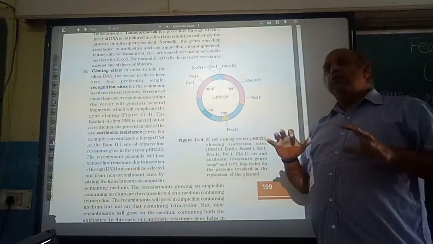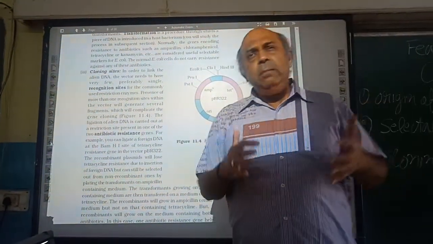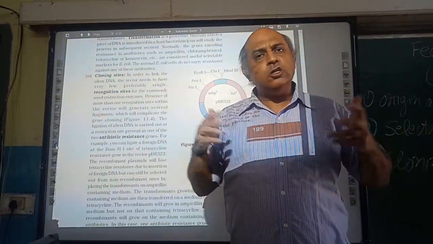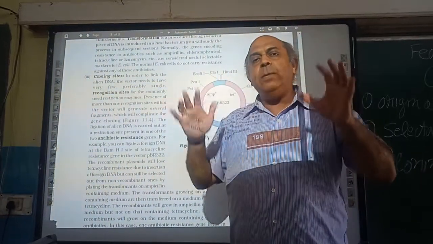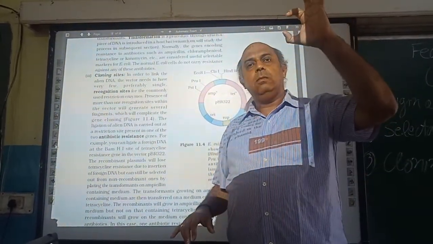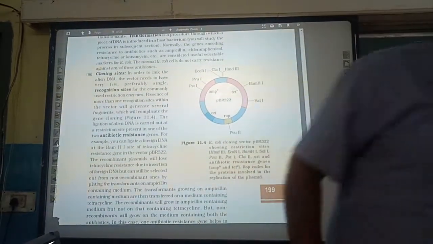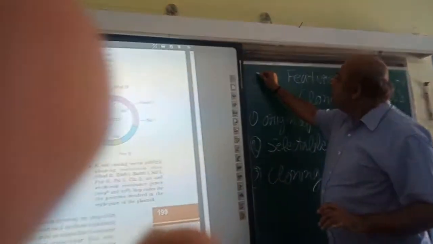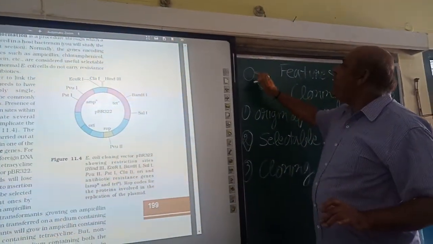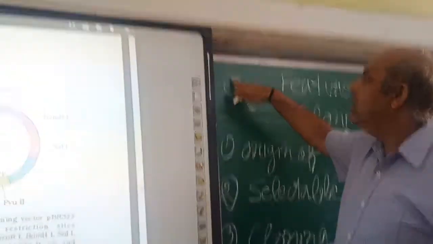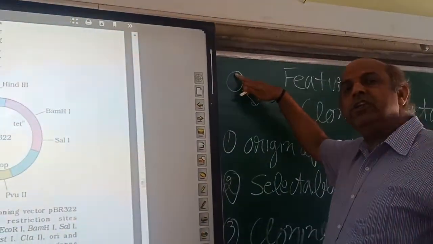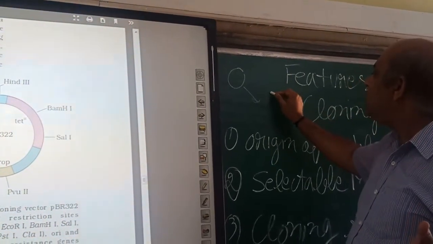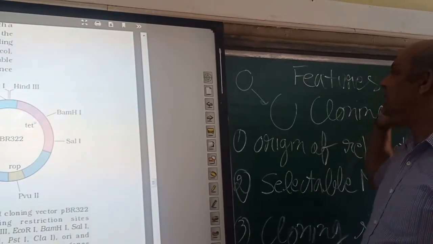The reason is that when we have to perform an experiment of recombinant DNA technology, we have to use that particular restriction enzyme, and we have to open the plasmid like this. It means we have to give only one cut on the plasmid. If the plasmid is like this, and we have to cut the plasmid with the help of a restriction enzyme, there should be only one site so that the plasmid gets opened like this.